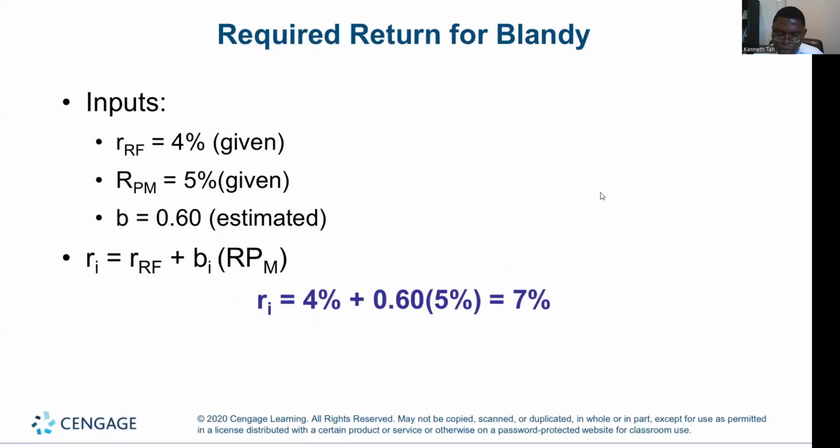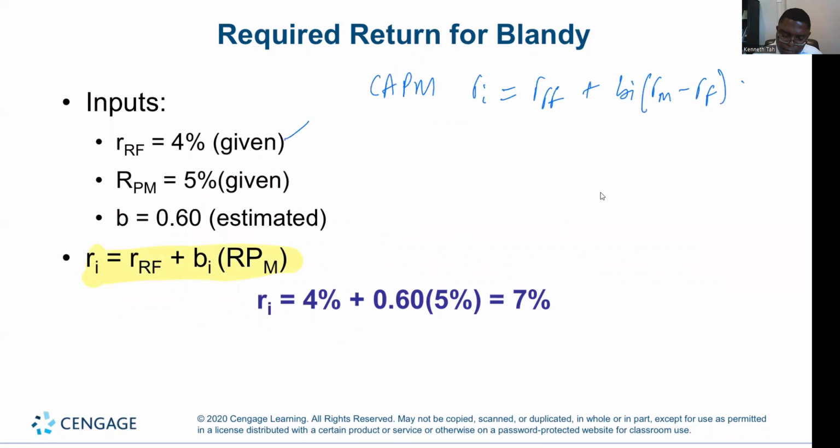And that is really what we call, we can use the capital asset pricing model. So this is the formula for CAPM. We have the required return, which is the risk-free rate plus the beta coefficient times the risk premium, or we can say this is the market return minus the risk-free rate.